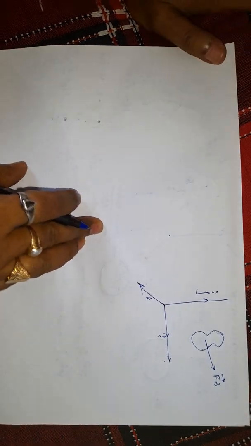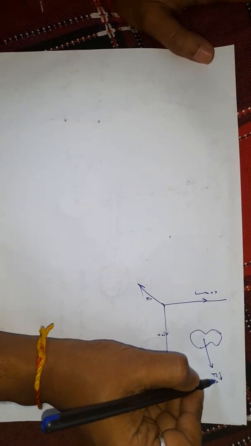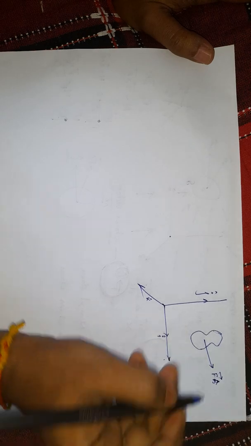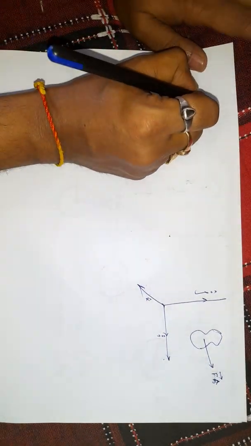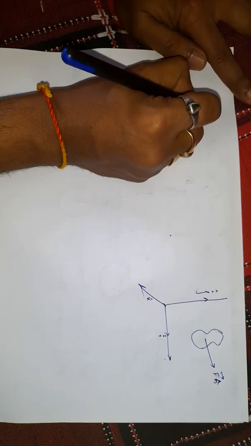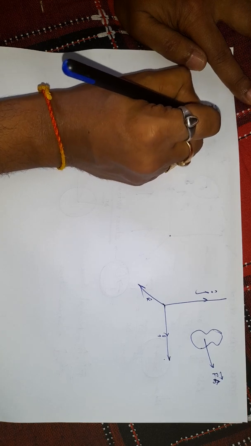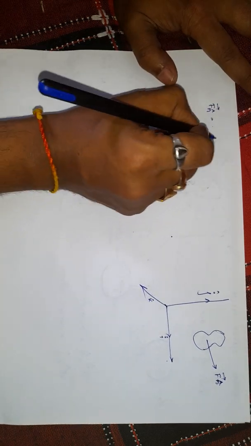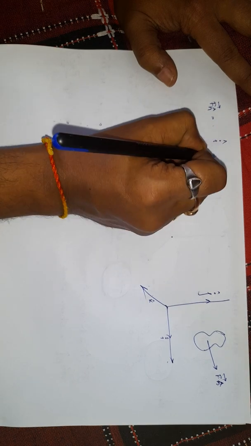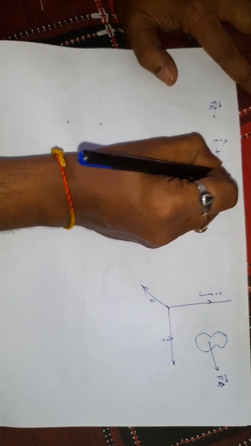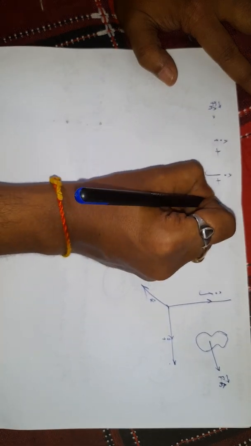So as we know that any vector quantity in Cartesian coordinate system can be written as F vector dot n cap, it is equal to i cap plus j cap plus k cap.